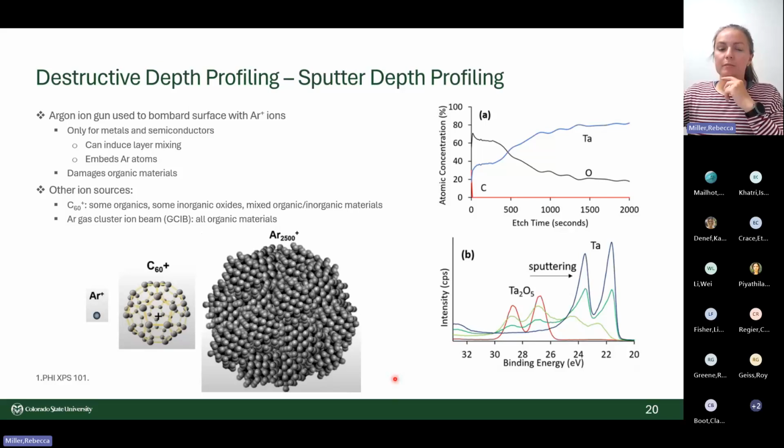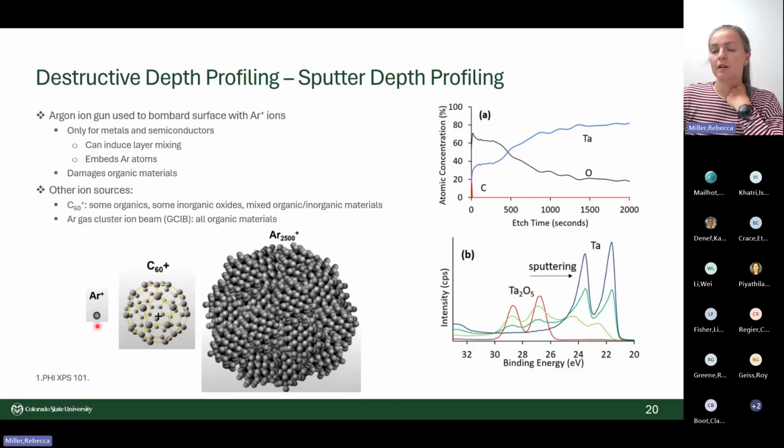For depth profiling beyond that, people do what's called sputter depth profiling. So we have on our instrument a monoatomic argon ion gun. We can bombard the surface with these positive argon ions and basically blow away layers on the surface.